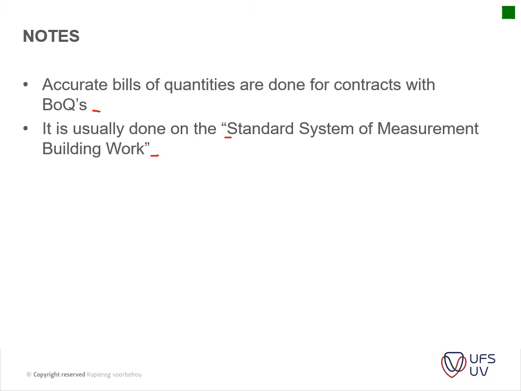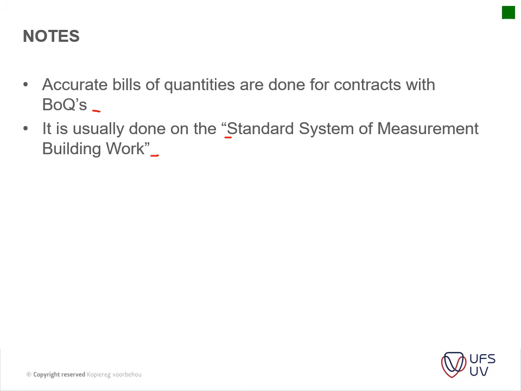Another example: if you install your tiling, what does it include? Does it include the grouting, or is the grouting measured separately? What width of grouting is used? Because if you've got a large quantity of tiling, the difference between a 5mm and a 3mm grout can have a big impact on the amount of labor and the amount of grout material actually used on the project.